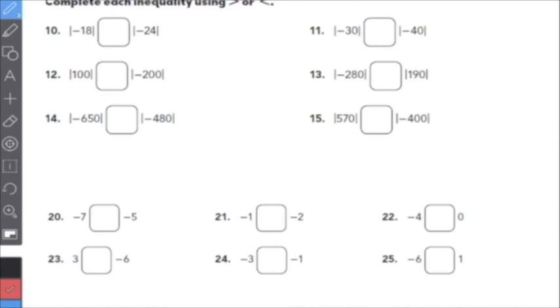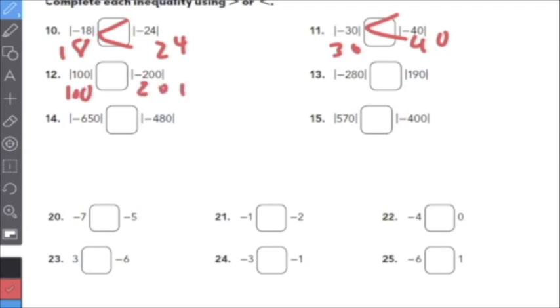So -18, we're 18 away. For -24, we're 24 away. So it's 18 or 24, so 24 is going to be bigger. Number 11, it's 30 away and 40 away, so 40 is bigger. 12, it's 100 away and 200 away, so 200 is going to be greater.